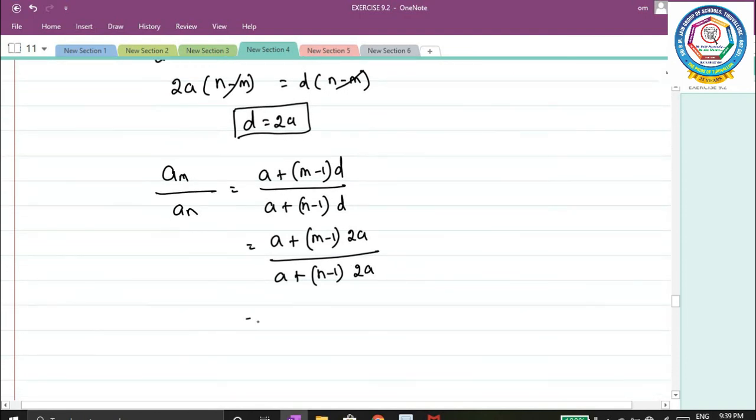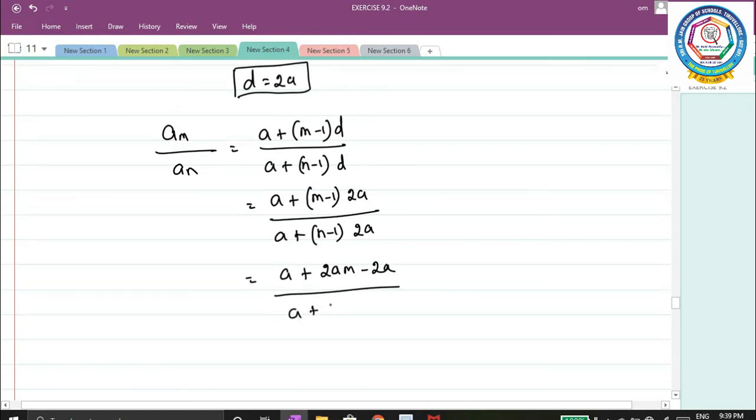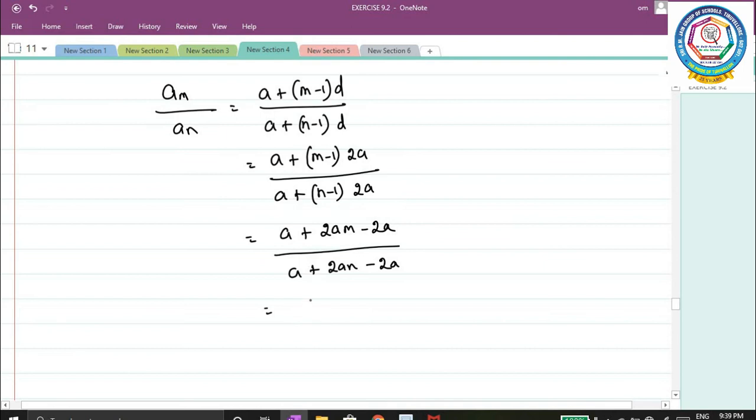Now take 2a inside: a plus 2am minus 2a by a plus 2an minus 2a. Here a minus 2a equals minus a. So 2am minus a by 2an minus a.